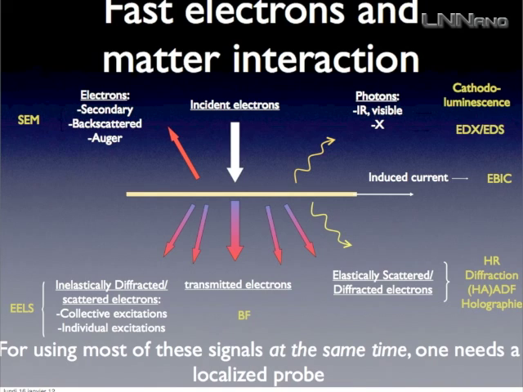Of course, if you put some detector here and you measure the number of transmitted electrons as a function of the position of the incident electron, you will have an image, and it's a bright field image. At the very first order, a bright field image is just an image of the presence of material or not.